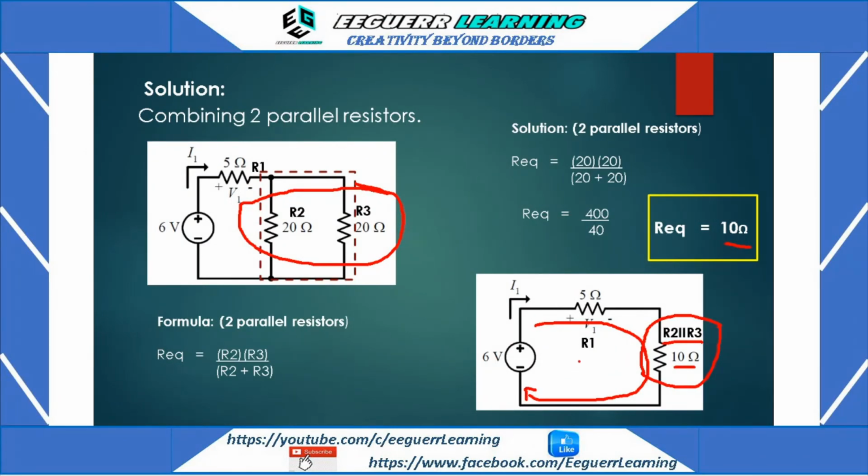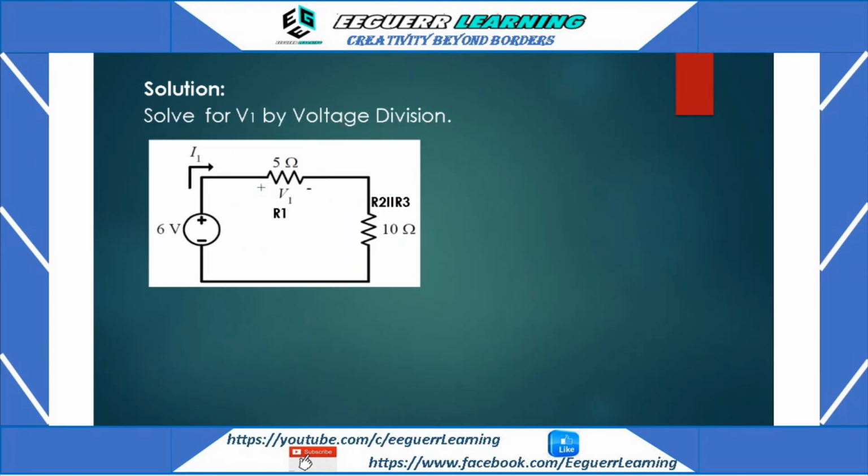So we can now solve for the V1 voltage drop across the 5 ohms resistor, and that is V1.